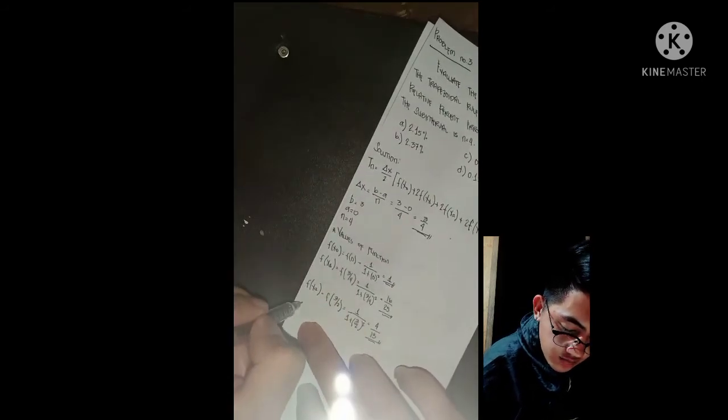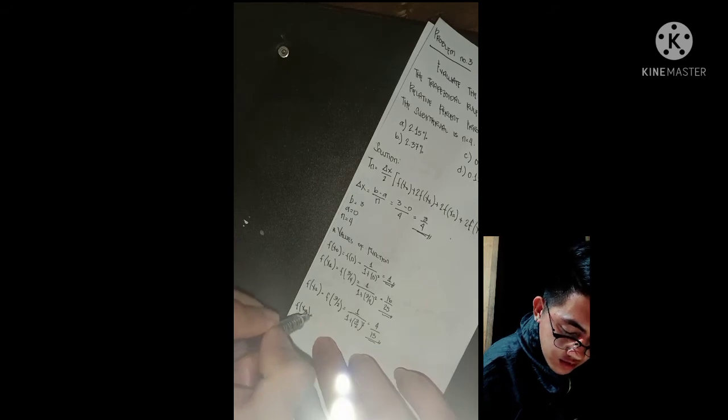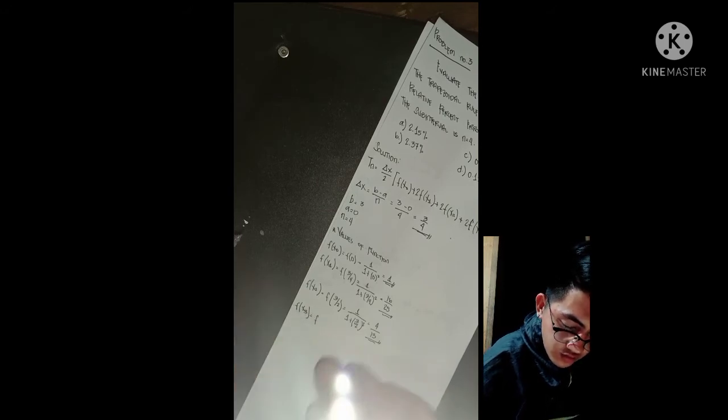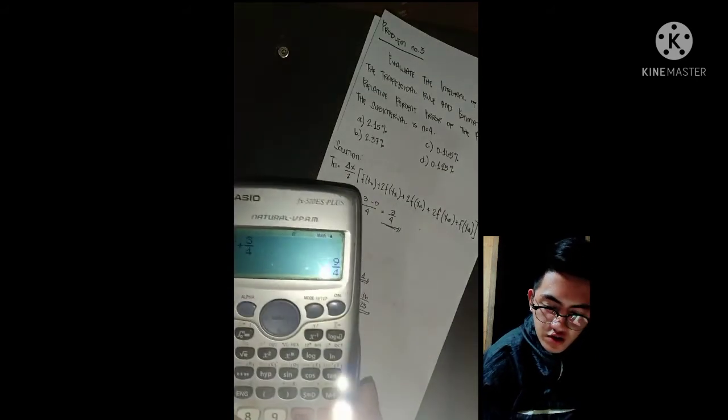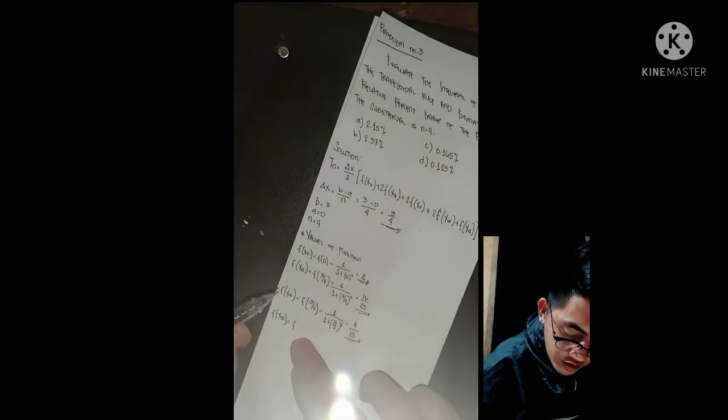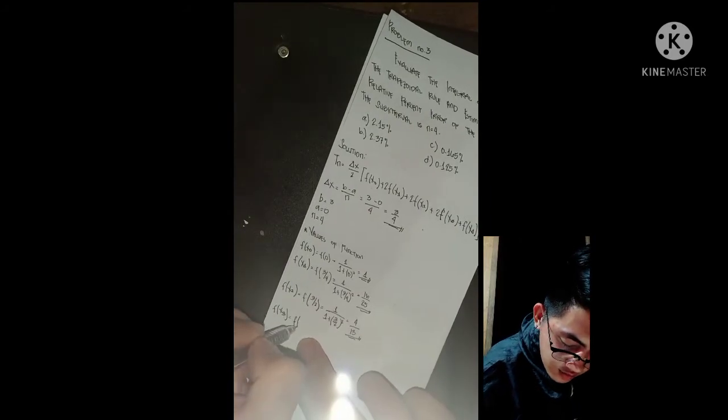Our function of our x3, so 3/2 plus 3/4, we have 9 over 4. So in function x3 is equal to 9 over 4.